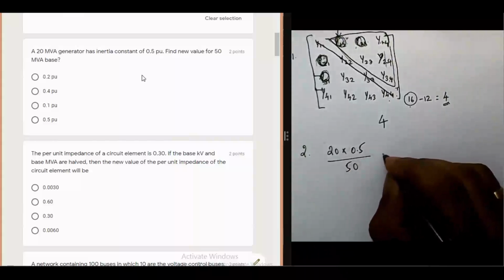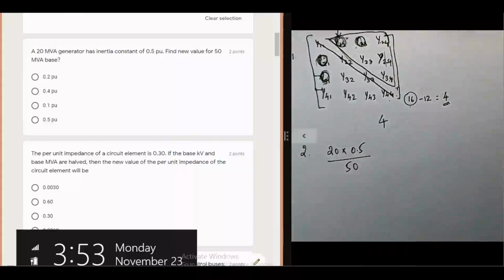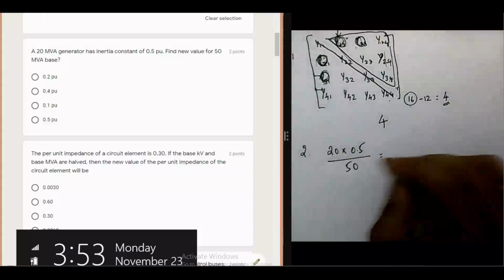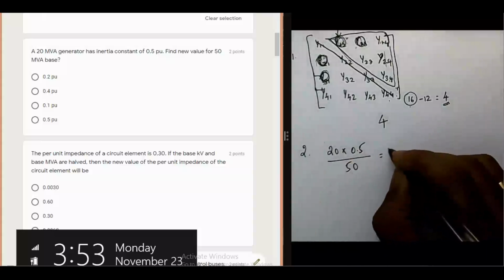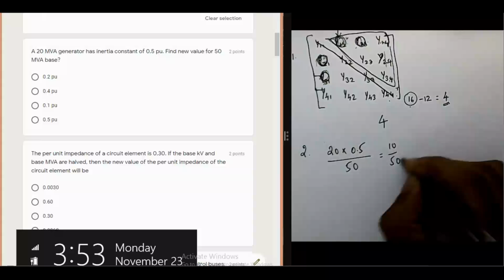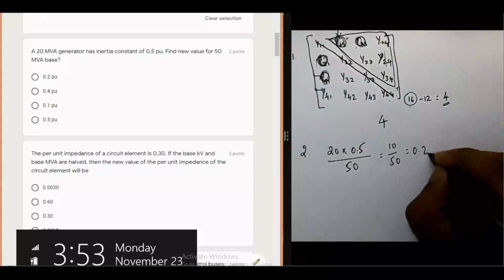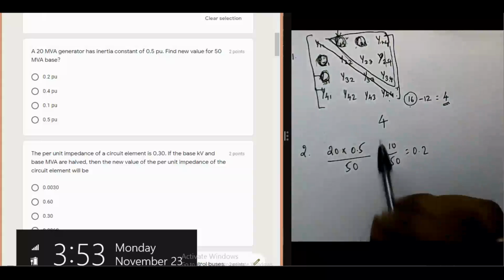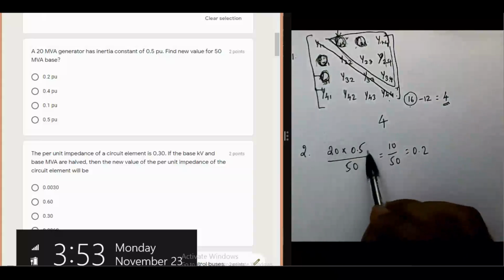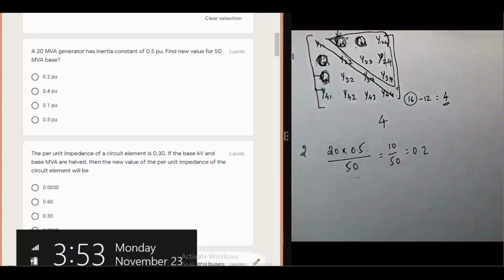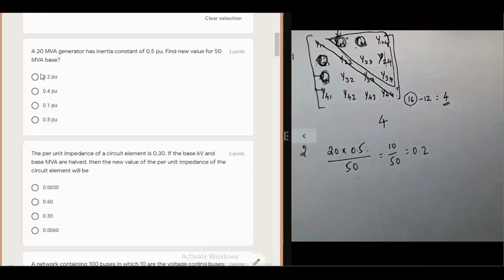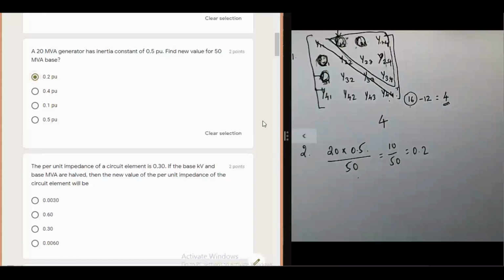That is 10 divided by 50, 1 by 5, that is 0.2. This is the actual value divided by the base value. The correct answer is 0.2.